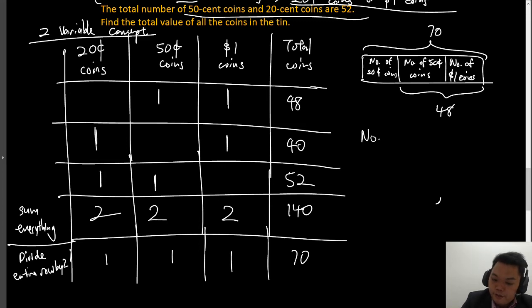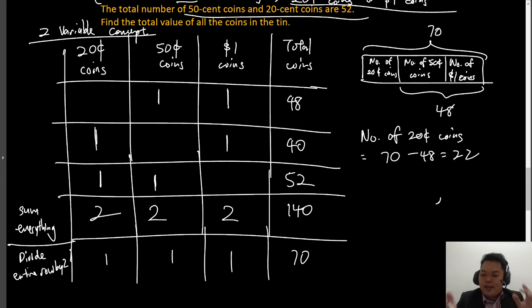Okay, number of 20-cent coins will be 70 minus 48 to give you 22. You have to be aware of the difference between monetary value and the number of coins. Okay, this is very important. You have to be able to make that distinction, especially if you're P5 right now.